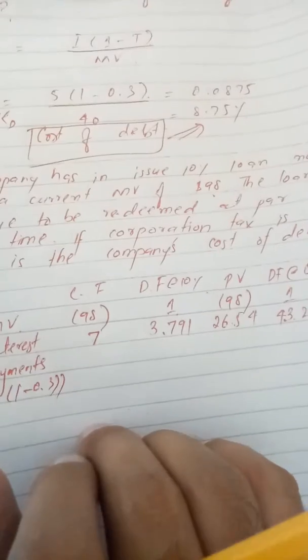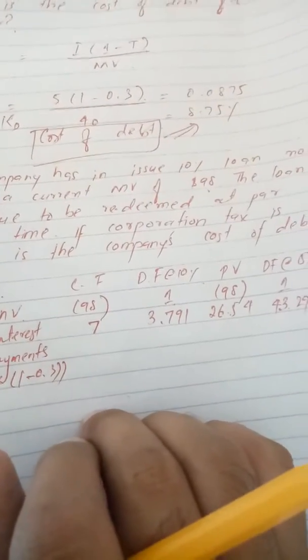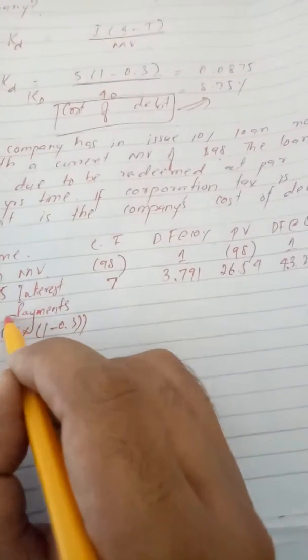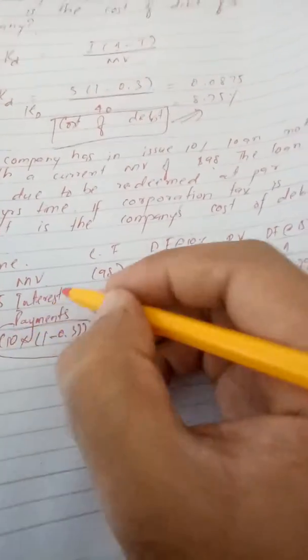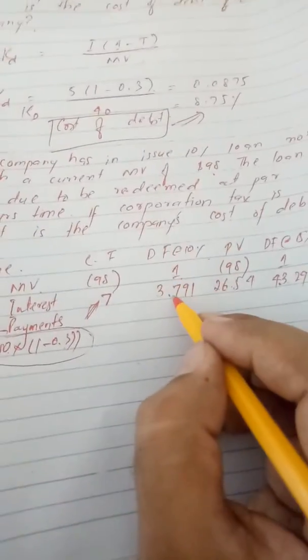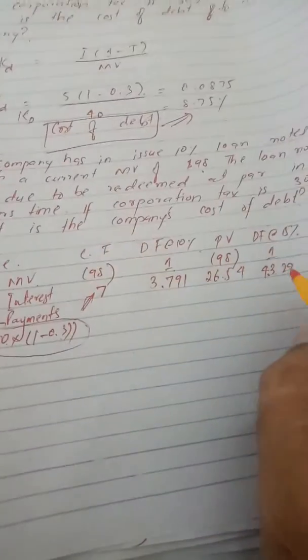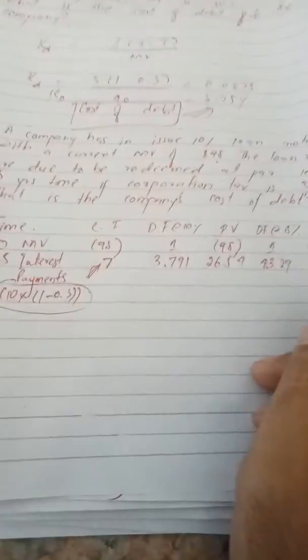Okay, so with the help of that, this is how we have calculated the cash flow because of the interest payment, obviously an annuity for years 1 to 5, it is 10 into (1 minus 0.3). We have to apply the discount factor at 10% and 5%, multiplying by this 7 to get the two different values, or the present values respectively.